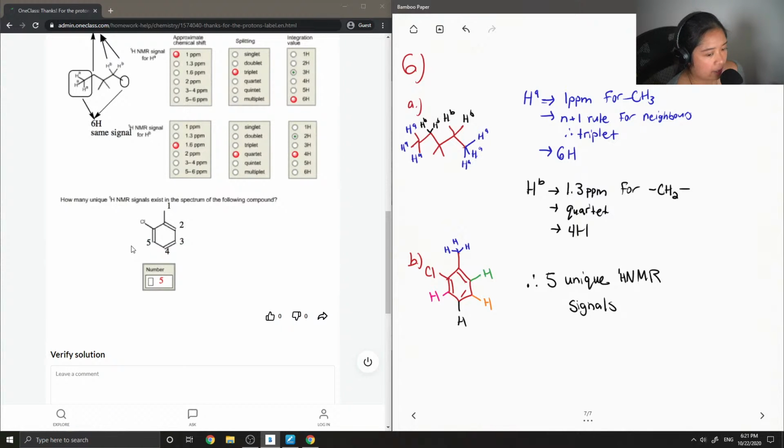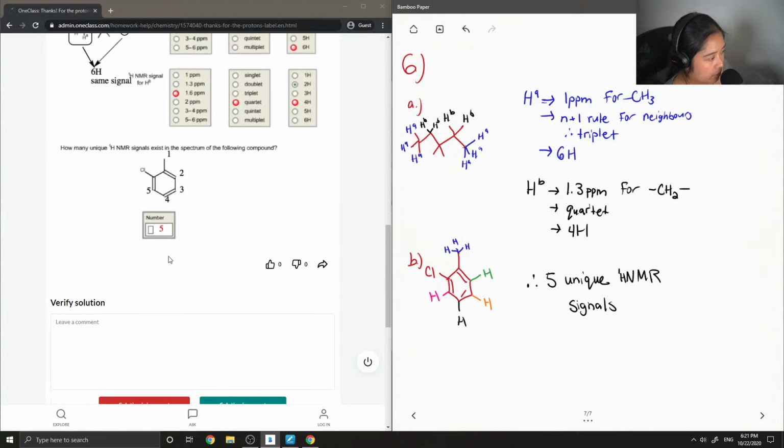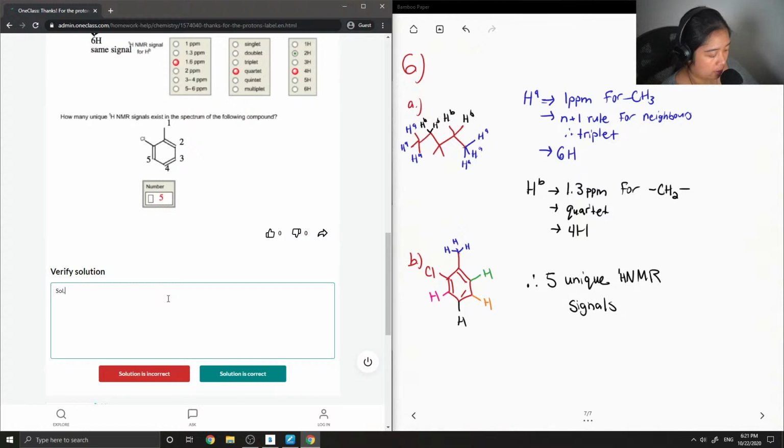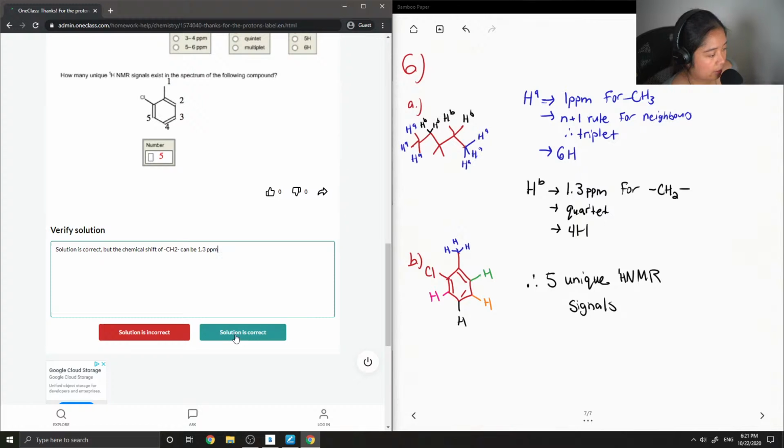And then they also counted out 5 unique H-NMR signals. So the solution is correct. But the chemical shift of CH2 can be 1.3 ppm. I'm just going to say this solution is correct though, because all the work was correct.